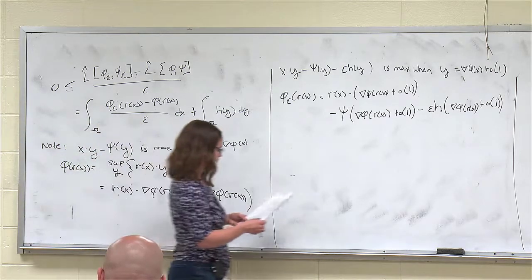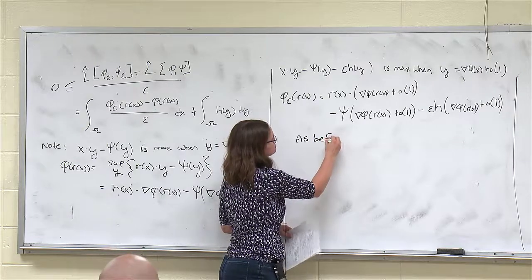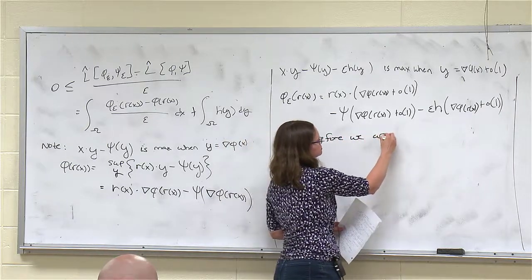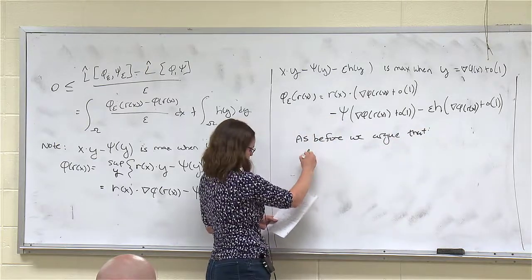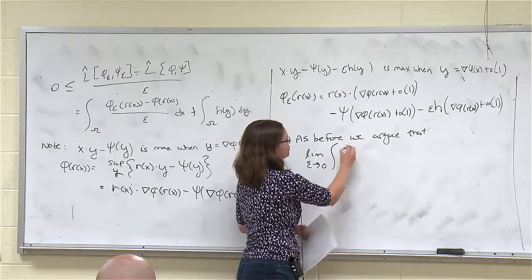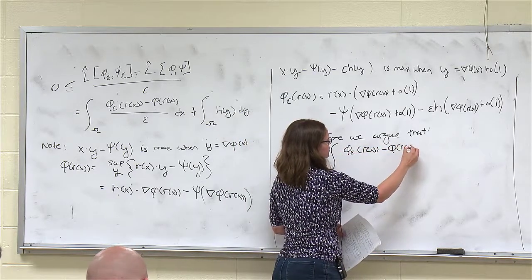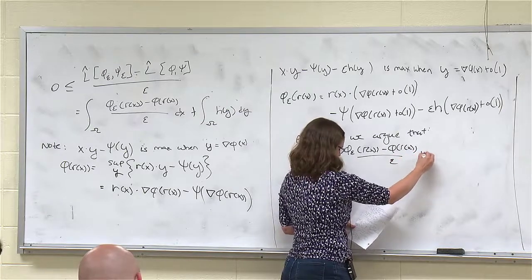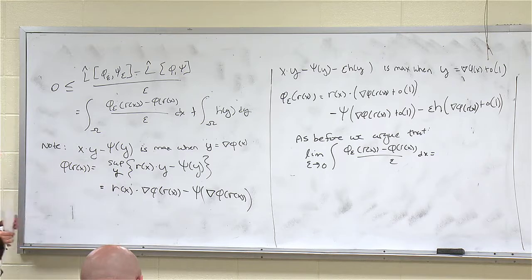But as before, we argue that this limit, the limit as epsilon goes to 0 of this integral that we care about, phi epsilon of R of X minus phi of R of X. Okay, and what happens?